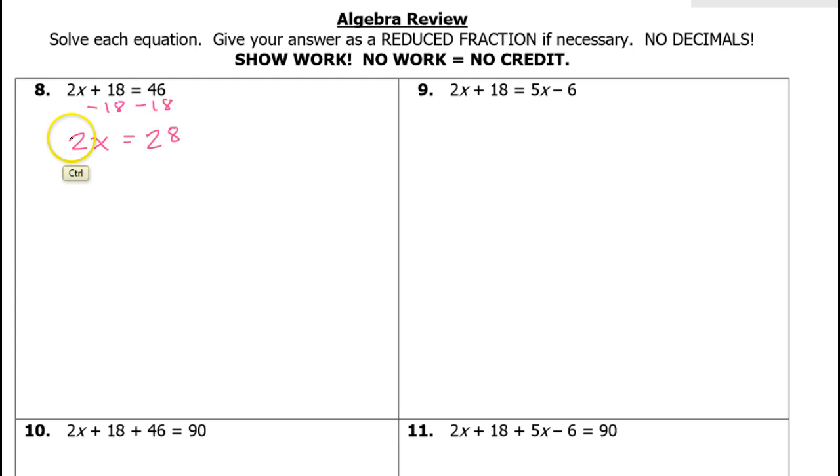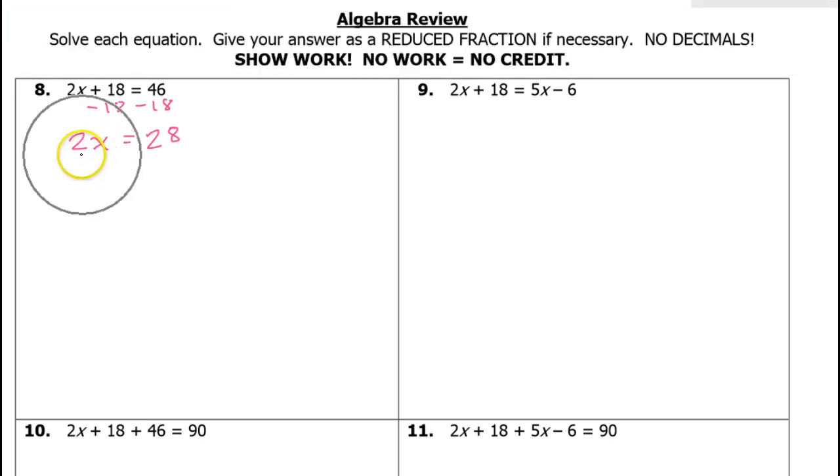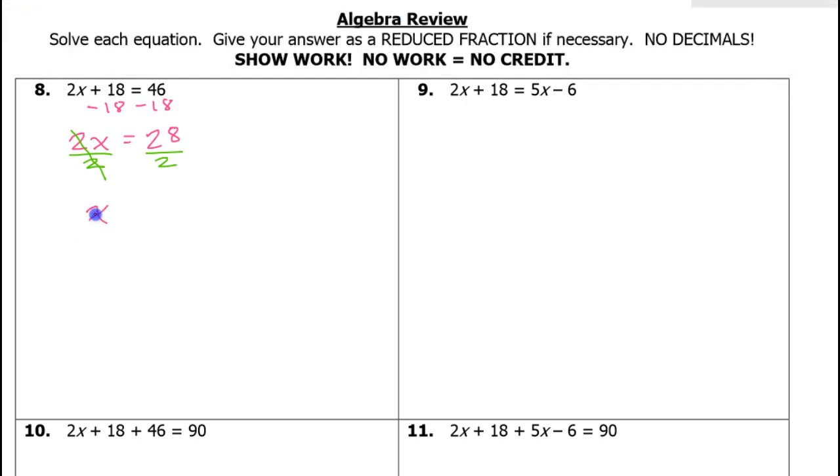Now in a situation like this where you have multiplication happening and you want to get rid of that number, you do the opposite and you divide. You divide both sides by 2 like this. That way these will cancel each other out, and that's going to leave you with x is equal to, and 28 divided by 2 is 14. So that would be the answer, number 8.